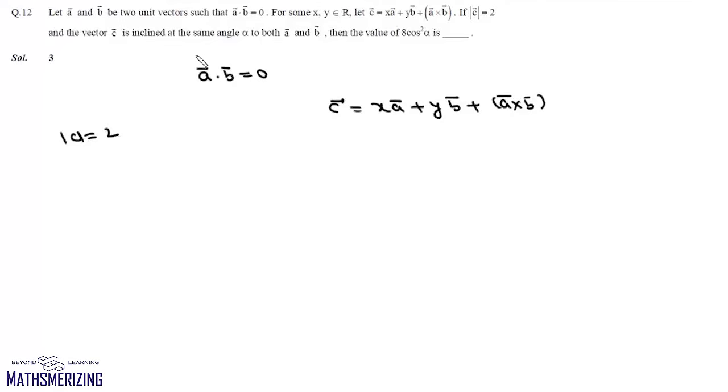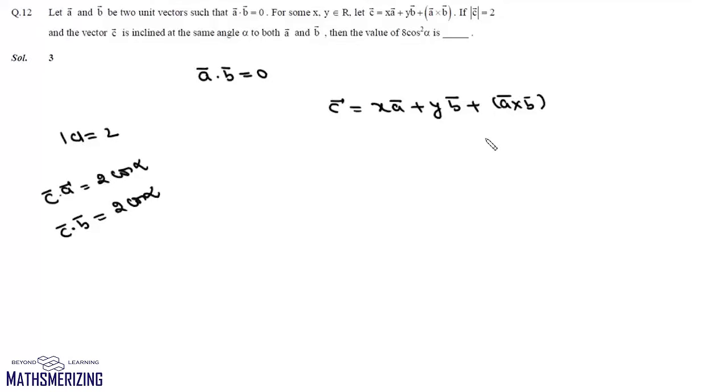If vector C is inclined at an angle alpha to both A and B, then the value of 8 cos square alpha is. Now if C is inclined at an angle alpha to both, then C dot A will be mod C mod A cos alpha, and mod C is 2, so it will be simply 2 cos alpha, and the same way C dot B will be 2 cos alpha.